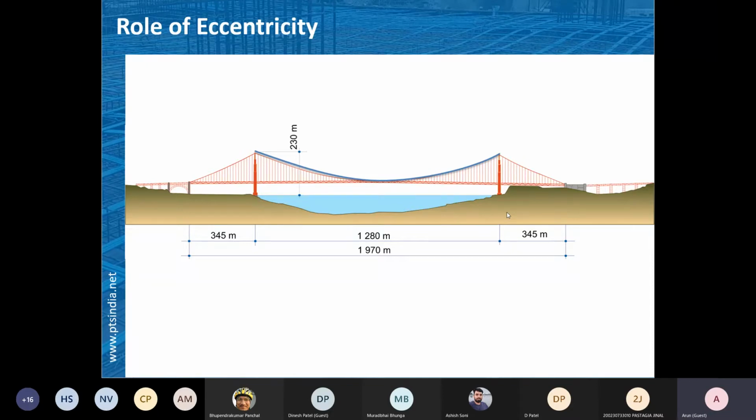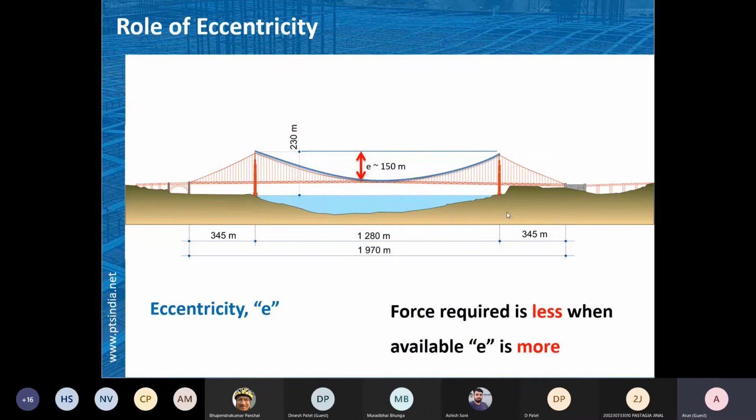Now, why go with this much height of the pylon? This is required because it needs to generate this kind of eccentricity so that the material and everything can be optimized for this 1.28 kilometer span. So they have fixed it, and this is how this E of 150 meter is set over there.